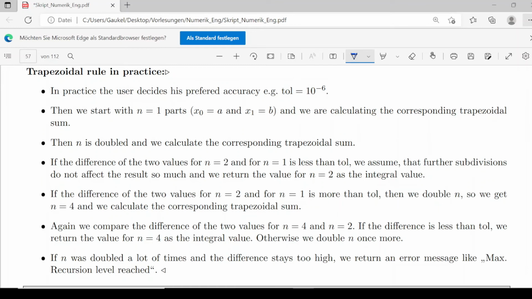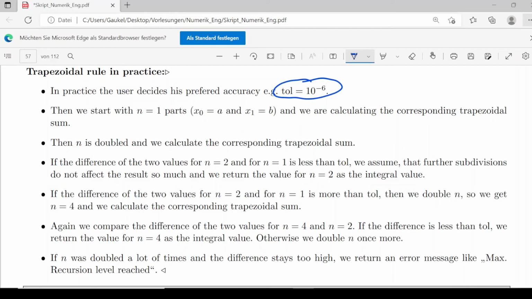What would be the strategy if we want to provide a function a user can use? This function should be a little more comfortable, so the user maybe does not want to decide how many parts to use. And so the user normally says, okay, I want a result which is accurate at least as 1 divided by 1 million.